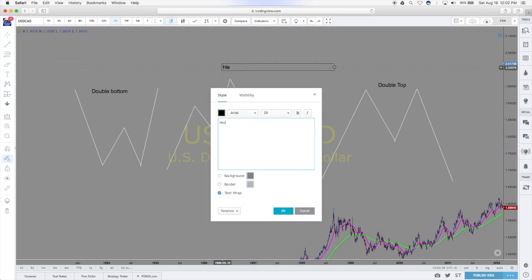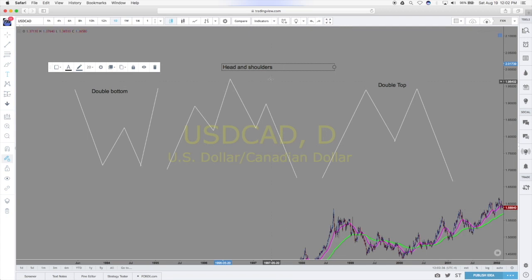This one is called head and shoulders. All right, so those are the 3 patterns that you'll see very, very commonly in the Forex market.